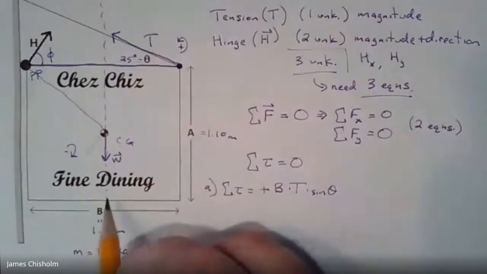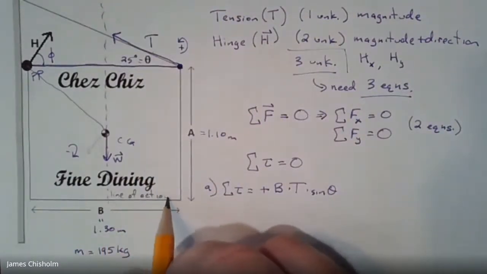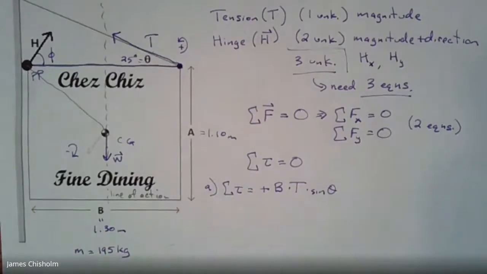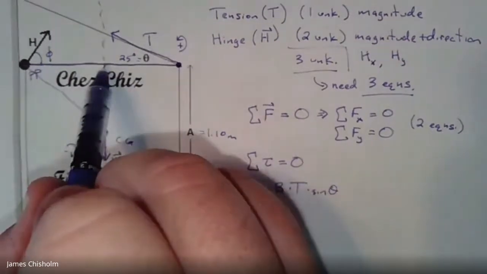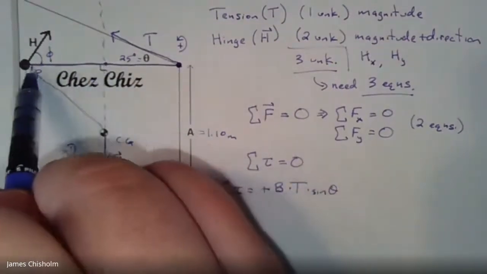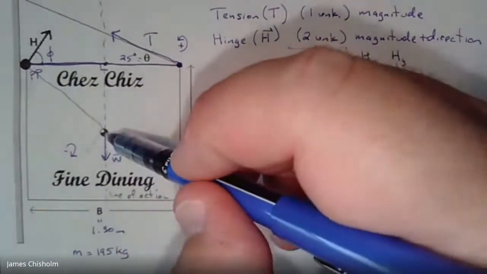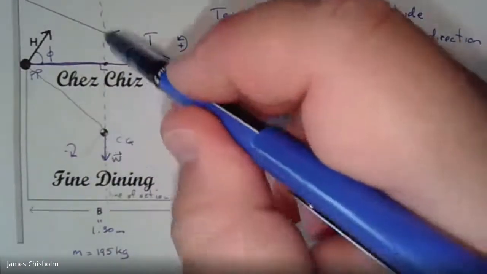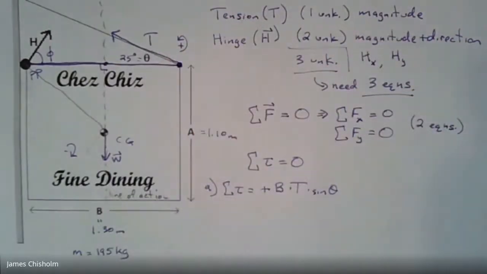It's always an awesome phrase. Line of action. The line of action of that force. And then my r perpendicular, my moment arm, is the distance from my pivot point to that line of action such that it makes it perpendicular.